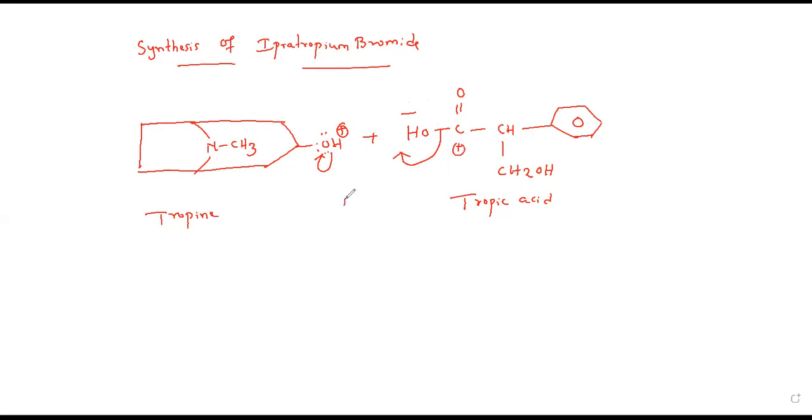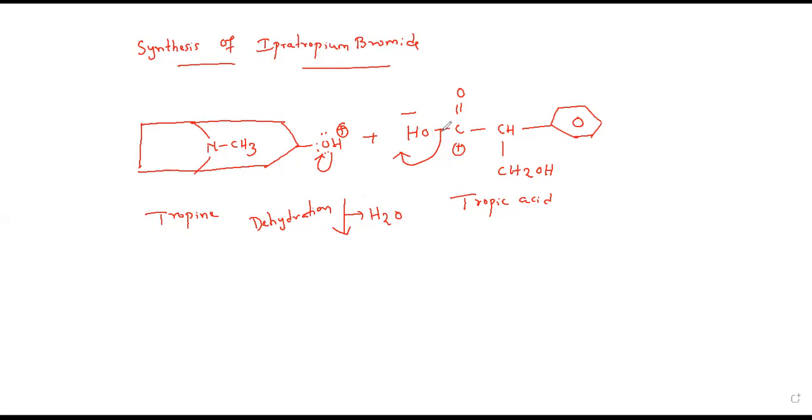Now what happens? This positively charged hydrogen combines with negatively charged OH minus to liberate a water molecule. So when tropine reacts with tropic acid, it will undergo a dehydration reaction to liberate one water molecule.